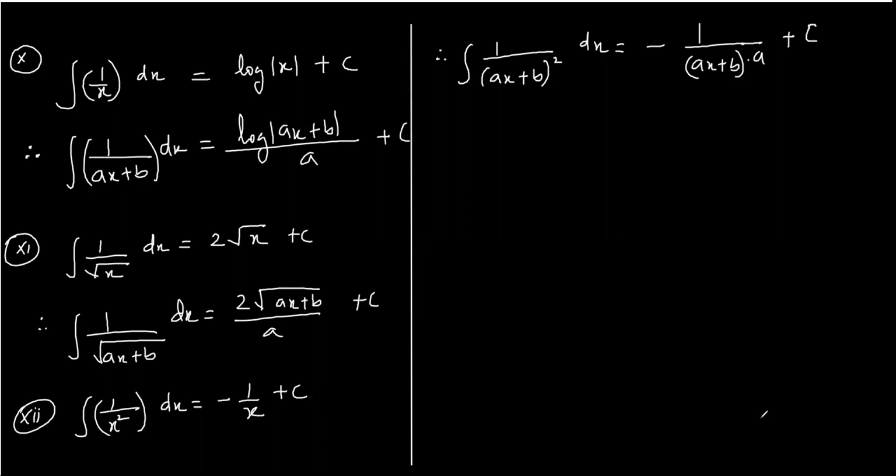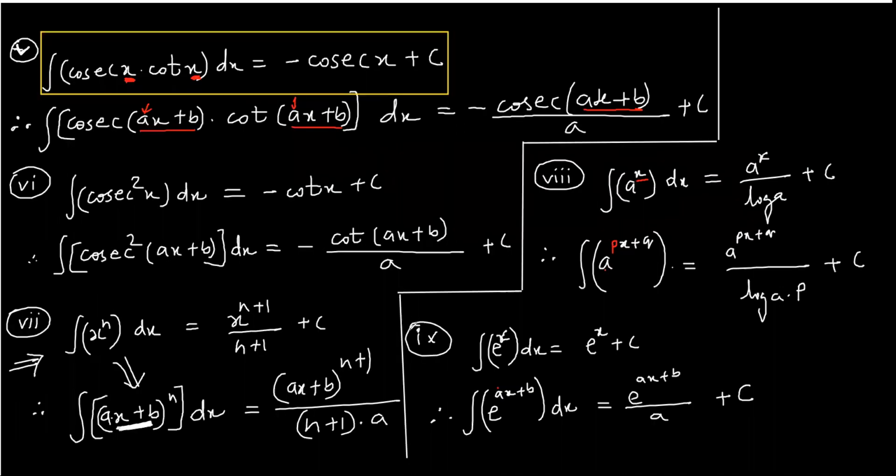So we have written these results. These results we will refer to as list 2 of results. The list 1 results are the ones that we wrote in the previous lecture. These are all list 2 results.